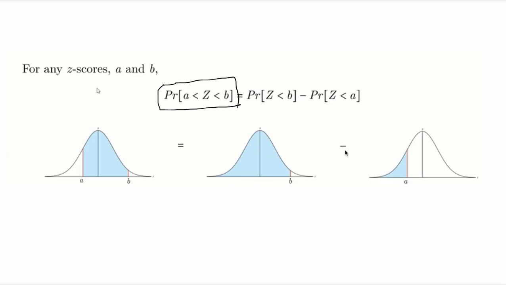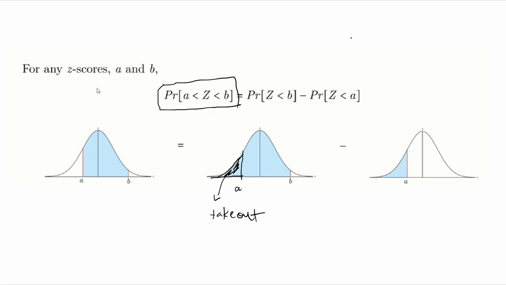If you have this area and you subtract this little flap here, if you take that out, you are left with what you want, okay, which is the blue curve.